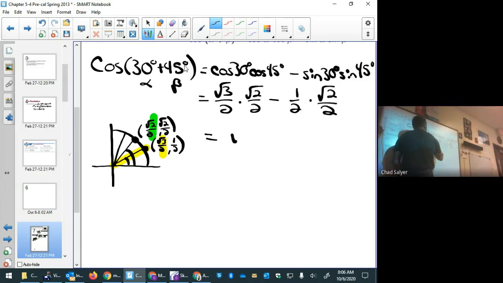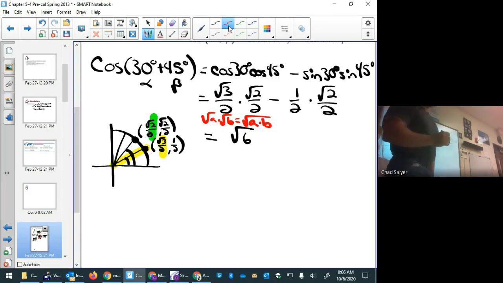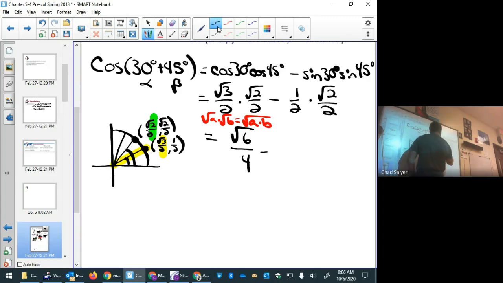So multiply through here. Square root of 6. Remember that the square root of a times the square root of b is equal to the square root of a times b. Everybody with me on that? So radical 3 times radical 2 is radical 6. And then 2 times 2 is 4, minus radical 2 over 4.